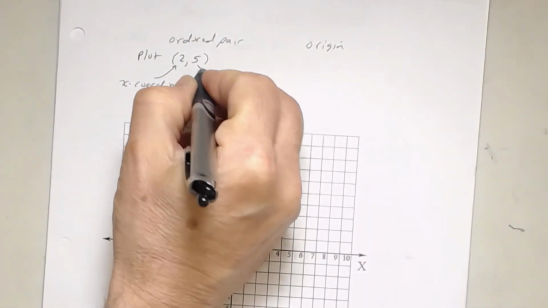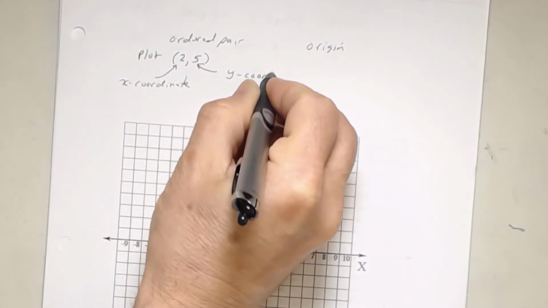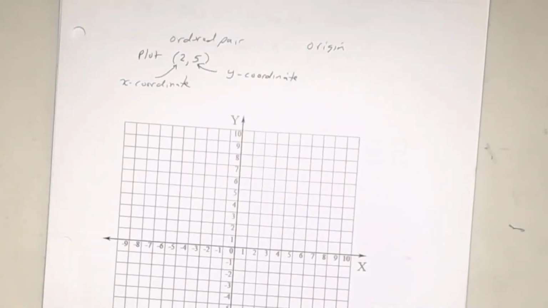The second number listed is called the y-coordinate. And one of the reasons it's called an ordered pair is because it's in alphabetical order. You have your x-axis, your x-coordinate, and then your y-axis, your y-coordinate.